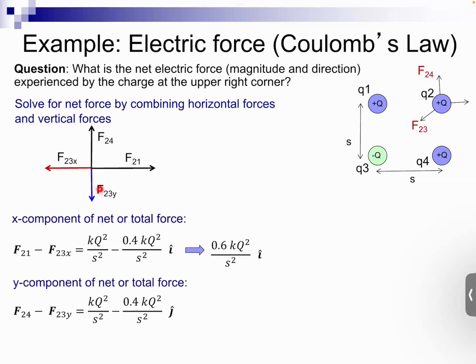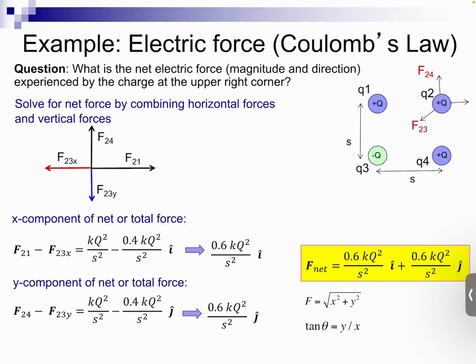My redrawn free body diagram shows me clearly that F24 is positive, F23y is negative. Hence, the net force along the y is F24 minus the y component of F23. If you simplify this, that also gives you 0.6 kq squared over s squared, direction along the j or vertical.